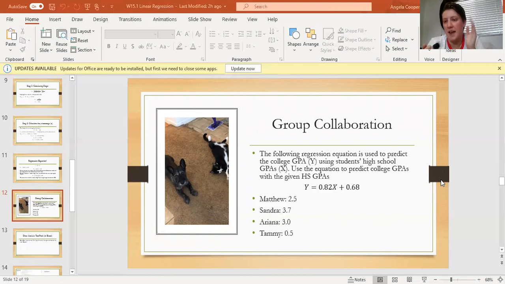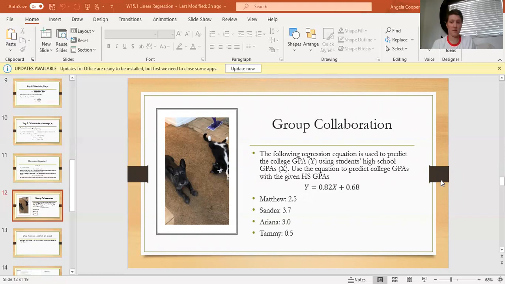This first person has a GPA of 2.5 in high school. We have x equals 2.5. So what do we do? We just plug it in. So y equals 0.82 times 2.5 plus 0.68.